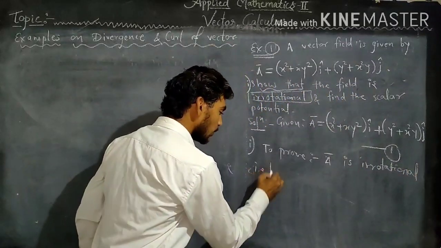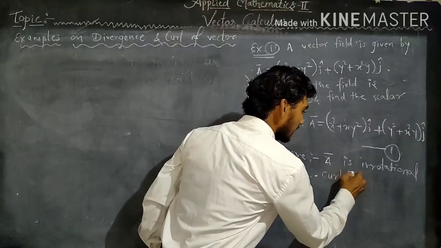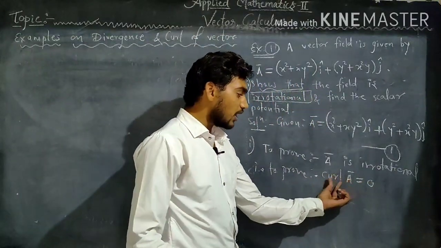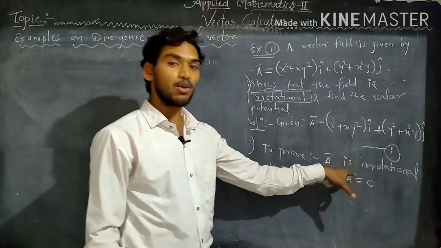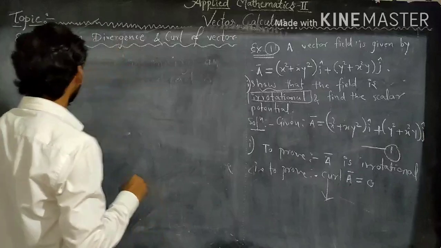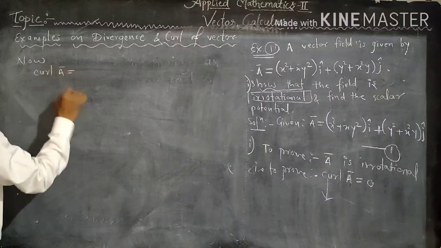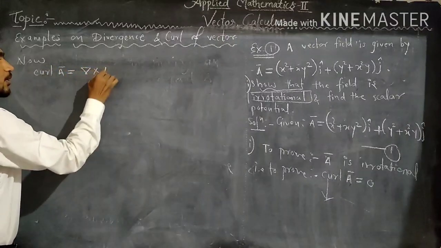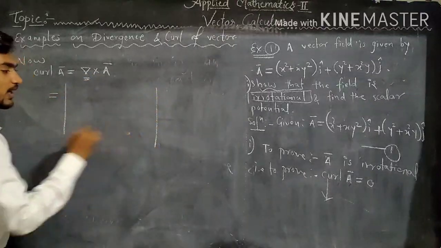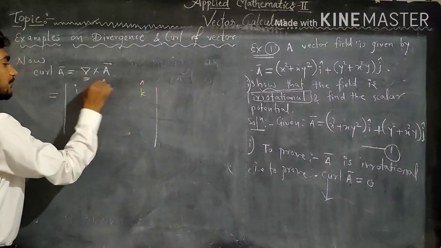that is to prove curl of vector A is equal to 0. We know that by condition if curl of any vector is 0 then it is irrotational. So in order to prove we will first find curl of vector A. So now curl of vector A is equal to, it is cross product of del with vector A. So now to find cross product we will use the determinant i j k.